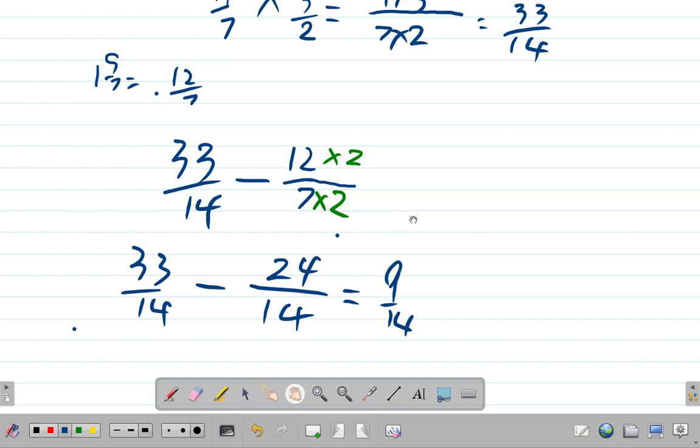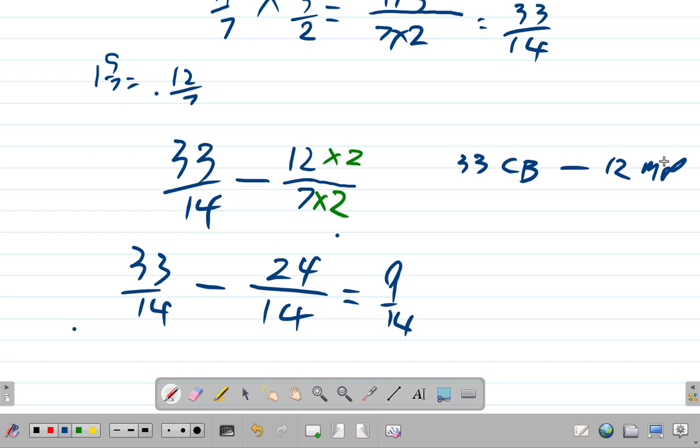Now, again, you might ask why it makes sense to multiply the 7 by 2 and the top by 2. Let me look at it again. When you say 33 14ths, it's like you say 33 pounds of chicken back minus 12 pounds of mixed parts equals 33 minus 12, which is 21. 21 pounds of what?